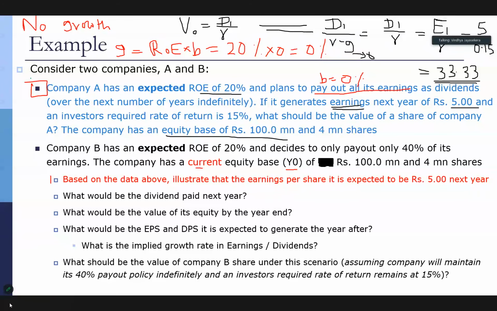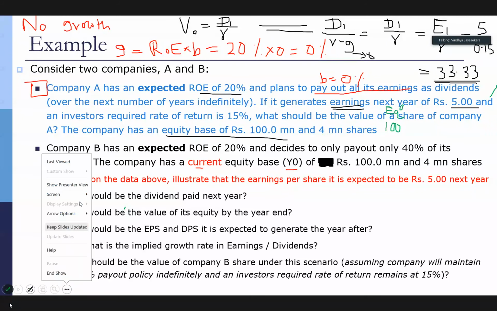Balance. What does that mean? If you had an equity of 100 today, equity in year 0 of 100, you're expecting that this equity... So if your equity in year 0 is 100 and your ROE is 20, then you're expecting that your earnings will be 20.